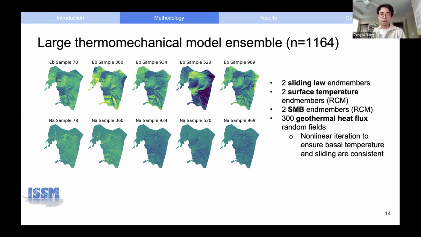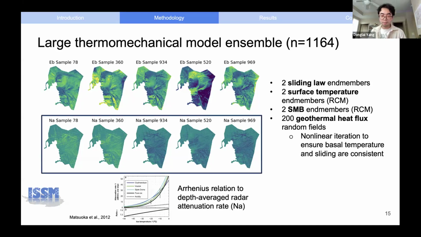What you see on the top are basal enthalpy, which you can just think of as basal temperature, and 5 random samples from that ensemble. On the bottom are depth average attenuation rates. These are masked the same way as the radar flight lines in the Amundsen Embayment. And these are converted from depth average temperature using the Rines relationship that is commonly used in radioglaciology.